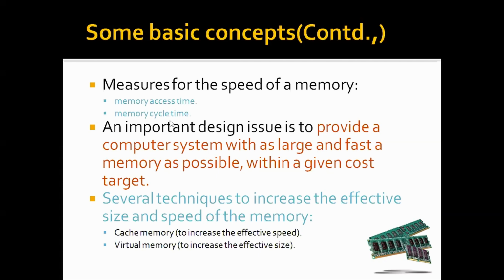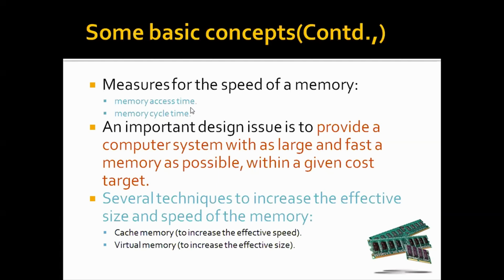For example, the time between two successive read operations. The cycle time is usually slightly longer than the access time. We will always have cycle time longer than the access time, depending on the implementation details of the memory unit.